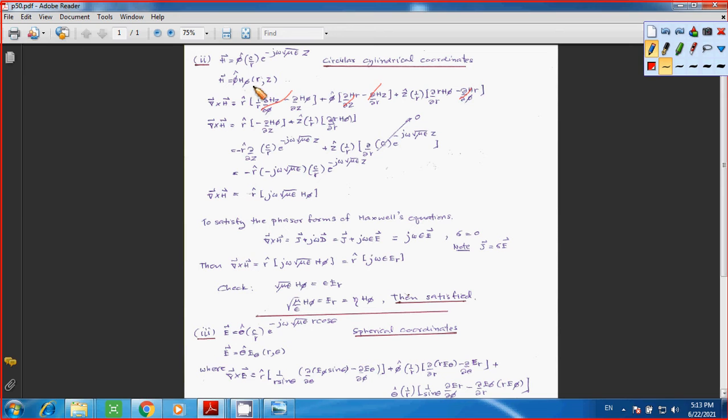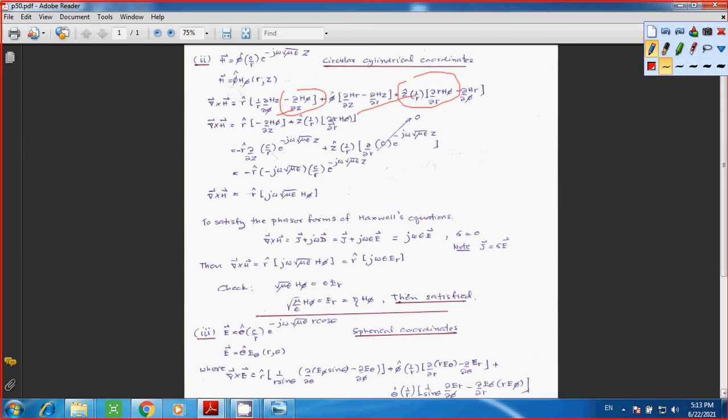And for H phi depending on r and z, you need to keep two terms. By differentiating, you pick up this term, right? And also this term.